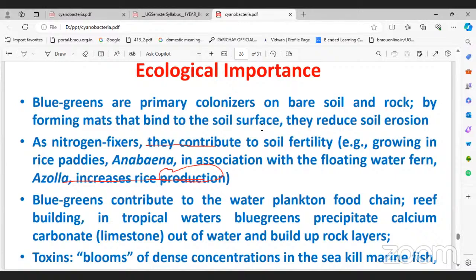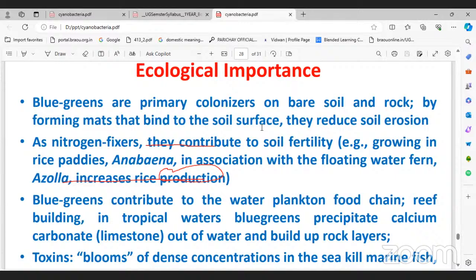And the blue-greens contribute to the water plankton's food chain. What is the function of water plankton in the food chain? What happens if there is no water plankton? It is feed for aquatic animals, and aquatic animals are feed for other aquatic animals.